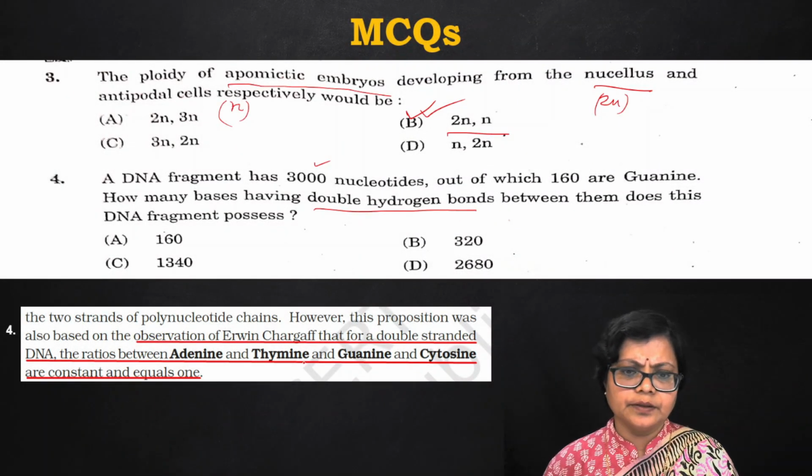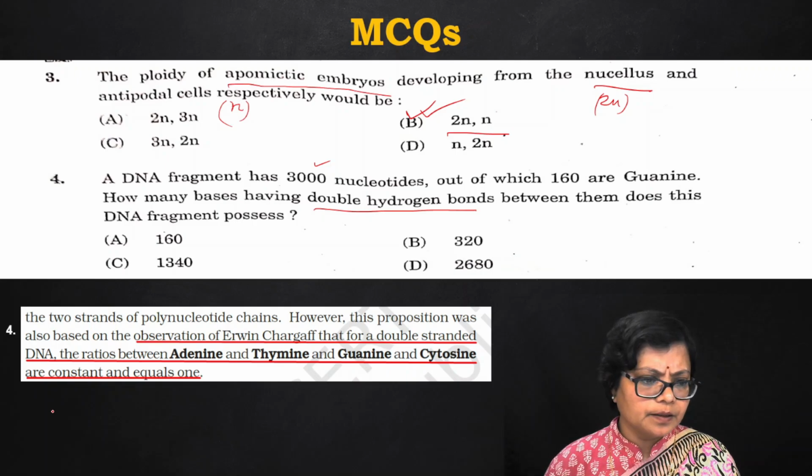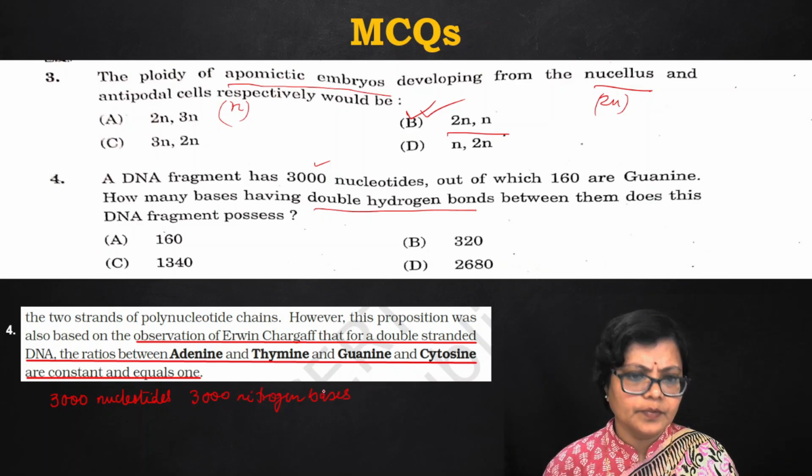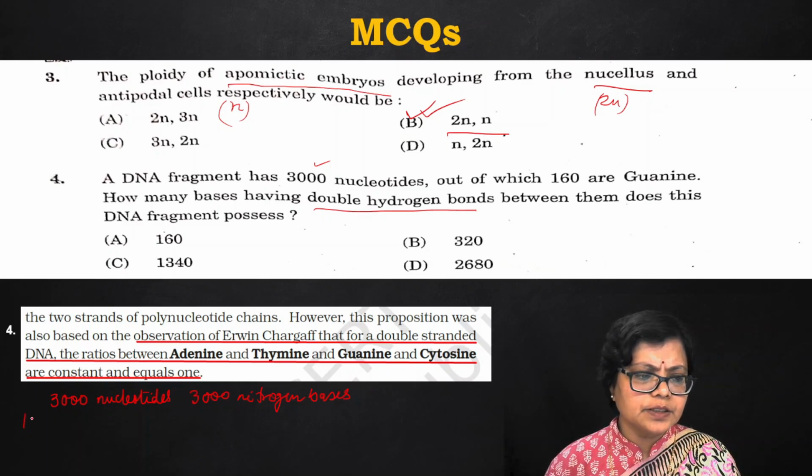So I will explain here. 300 nucleotides means nitrogen bases also 300. Okay, 160 guanine, that means equal number for the cytosine, that will be 160, and in between there will be triple hydrogen bond.